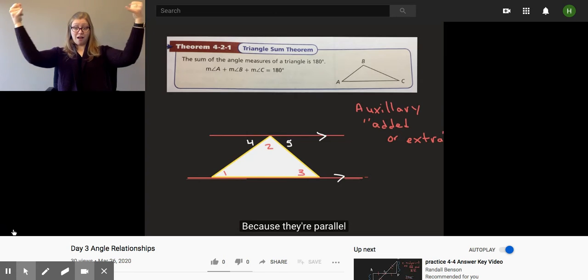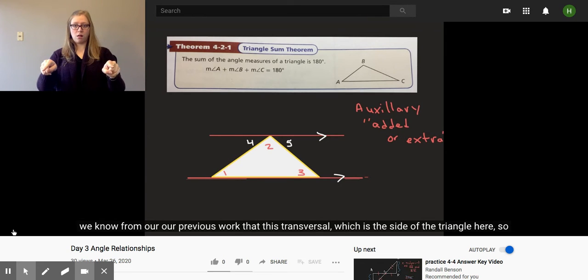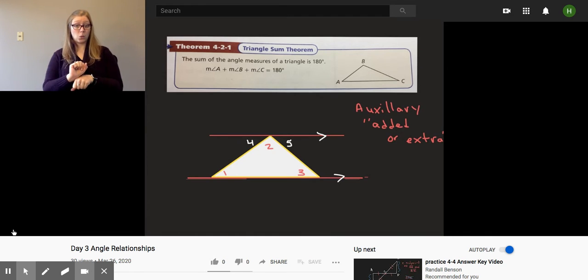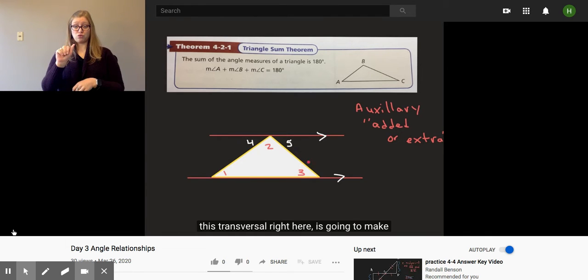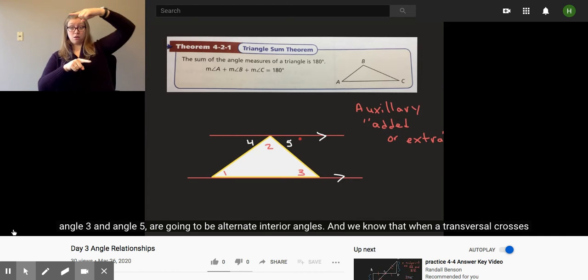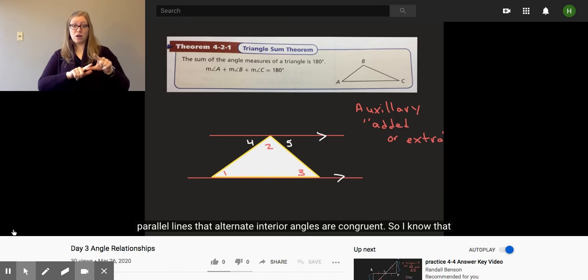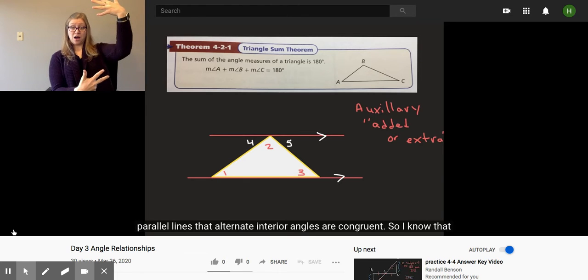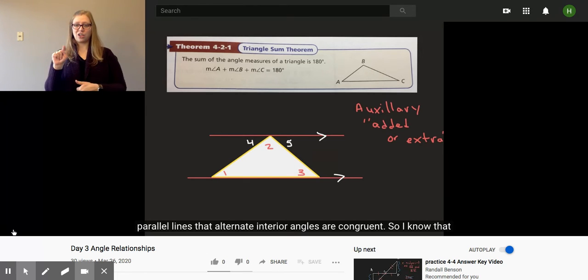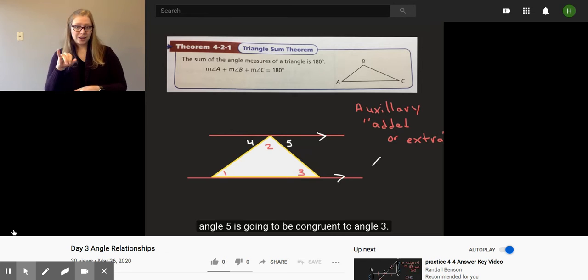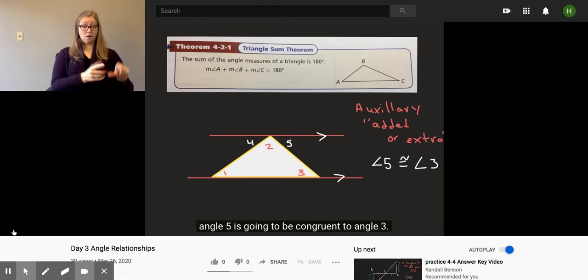Because they're parallel, we know from our previous work that this transversal, which is the side of the triangle, makes angle 3 and angle 5 alternate interior angles. And we know that when a transversal crosses parallel lines, alternate interior angles are congruent. So I know that angle 5 is congruent to angle 3.